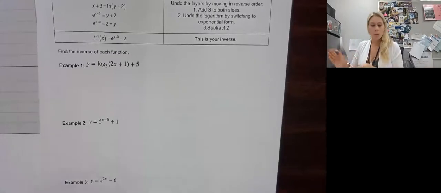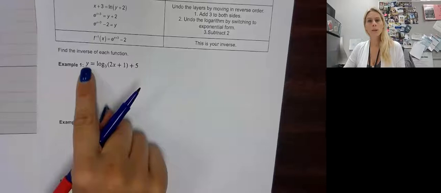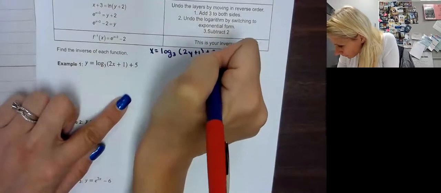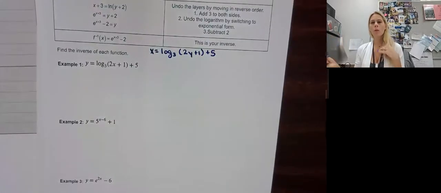All right, example 1 here, we're going to switch. It's already in y equals, so we're going to switch our x and y. So we get x equals log base 3 of 2y plus 1 plus 5. Now we're going to get y by itself.